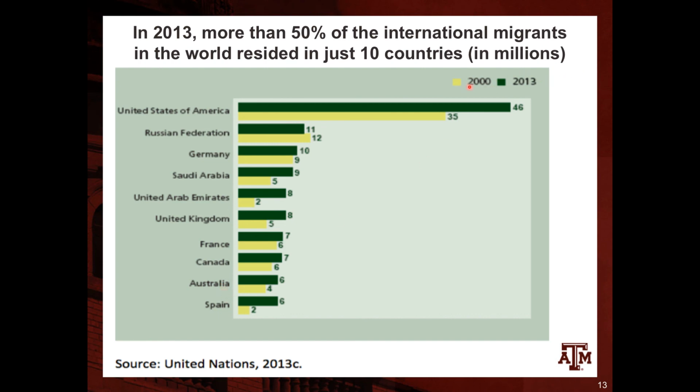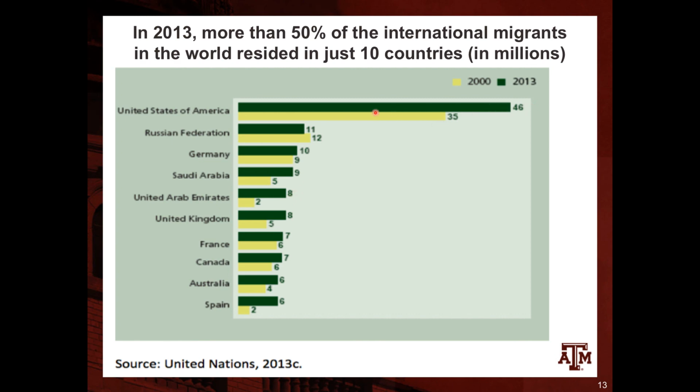And this number increased in the US from 2000 to 2013 from 35 to 46 million. In Russia, it actually decreased a little bit. And in other countries, we also see some variation. Saudi Arabia increased a lot. The United Arab Emirates, which we already talked about during the course, increased a lot, exactly because of job opportunities for male workers going to this country.